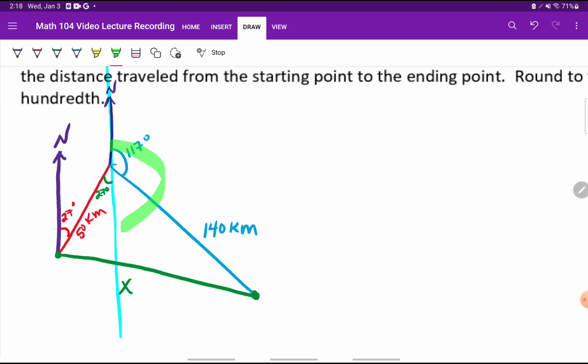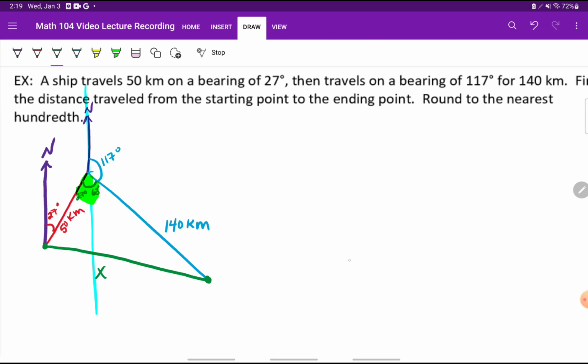So we can find this portion of it by subtracting 117 from 180. And if we do that, we get 63 degrees. Putting 27 degrees together with 63 degrees, I do indeed get a right angle. So I'm going to draw this breakout right triangle.